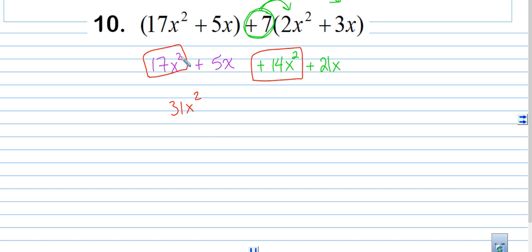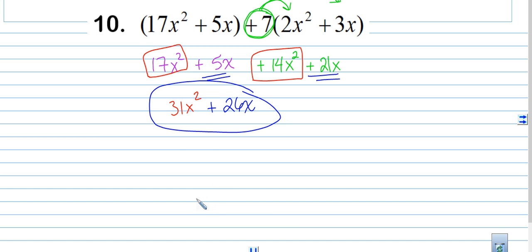Notice how we're not adding the x's, because we're just adding the terms. You can only add the exponents when you multiply. Okay? 5x plus 21x is positive 26x. Okay? That's your final answer because there's no more like terms.